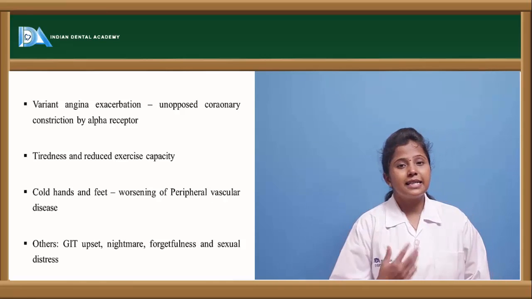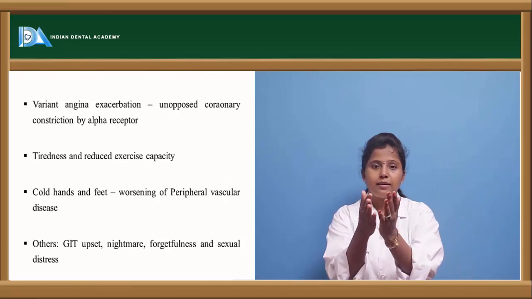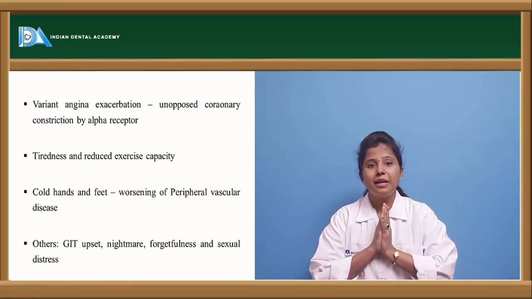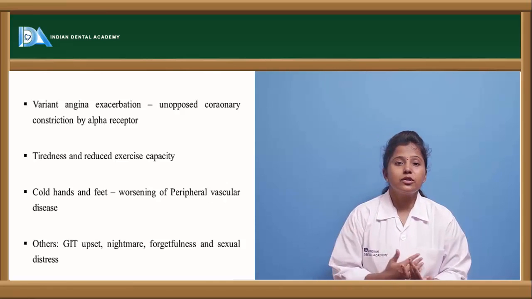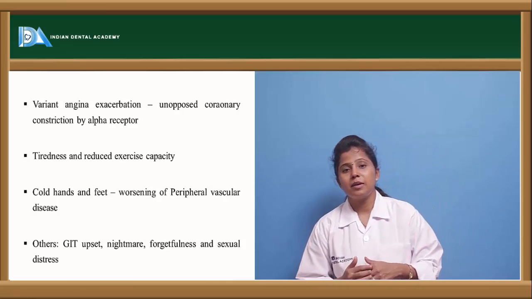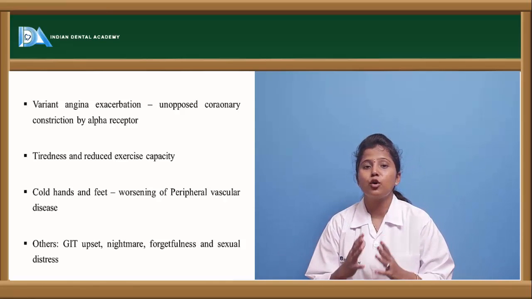And if the dose even exceeds, the blood pressure will be reduced. Because of excessive reduction in the blood pressure, the hands and feet of the person will become cold.